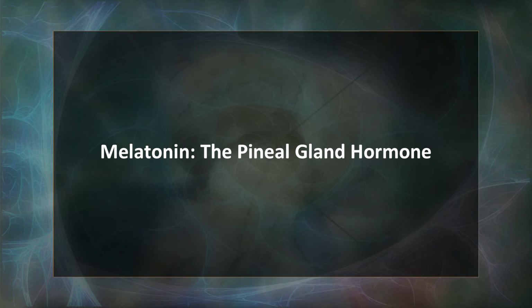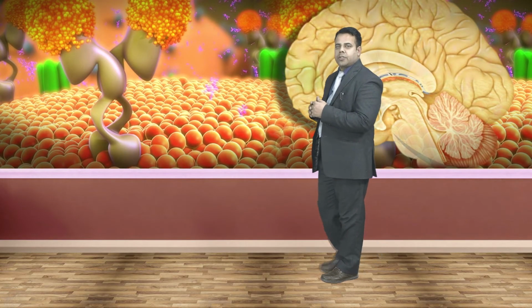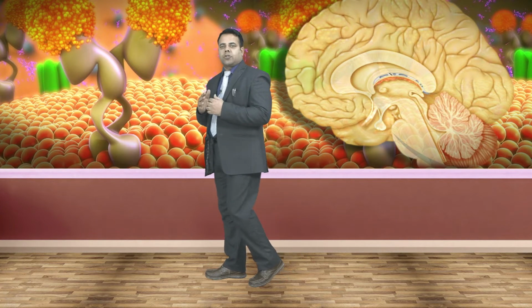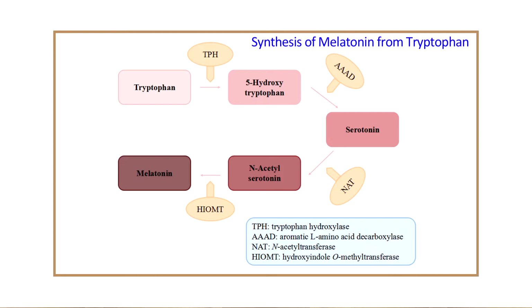Now let us discuss melatonin, that is, the pineal gland hormone. The main function of the pineal gland is to produce melatonin, which performs various functions in the central nervous system, the most important of which is to regulate the sleep patterns. Melatonin is synthesized and released during the dark phase of the day-night cycle.